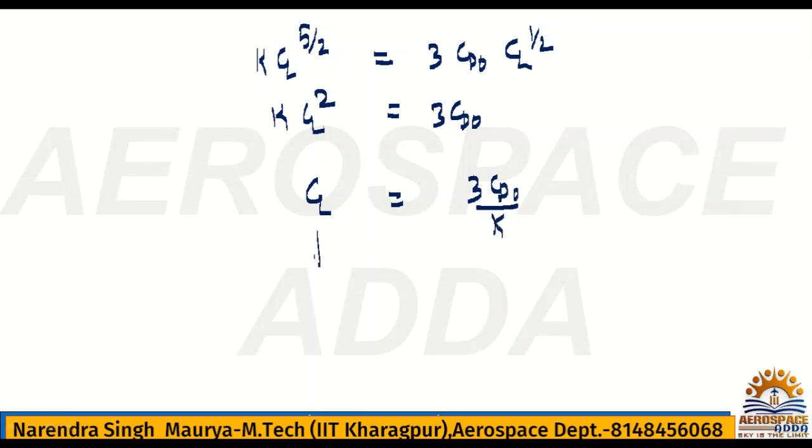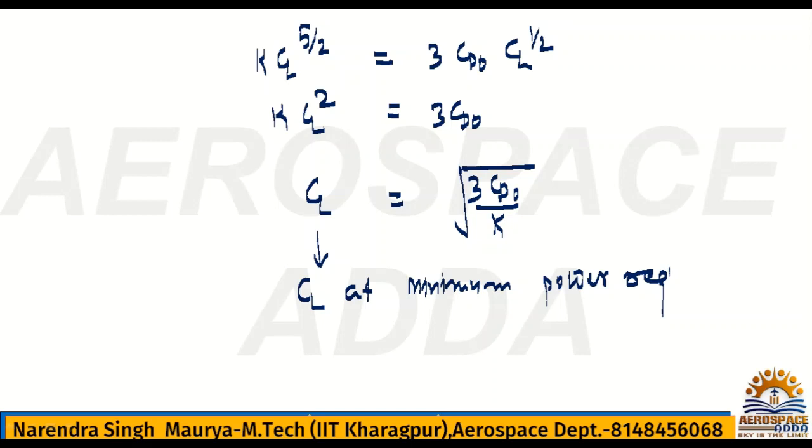This Cl is not normal Cl, this is Cl square actually. If you take Cl, then it will be root. This Cl is not normal Cl, this is Cl at minimum power required, hence it will be denoted by CLMP.